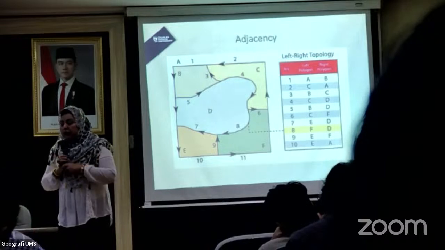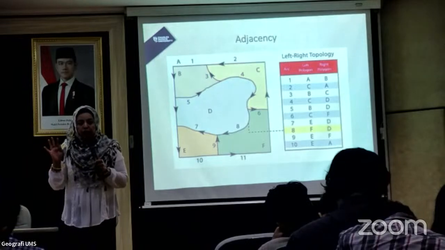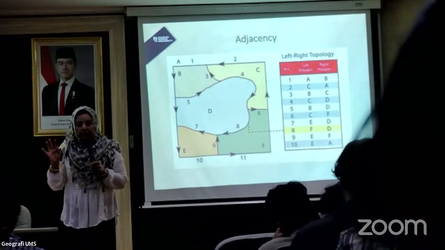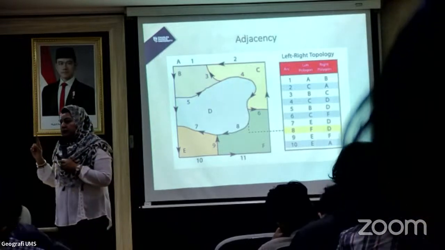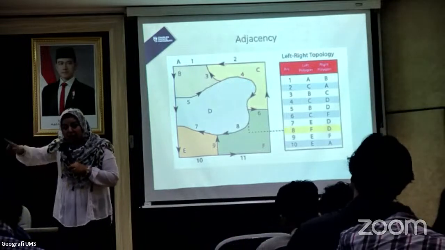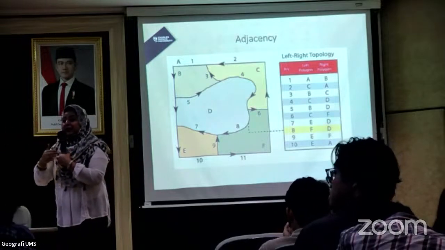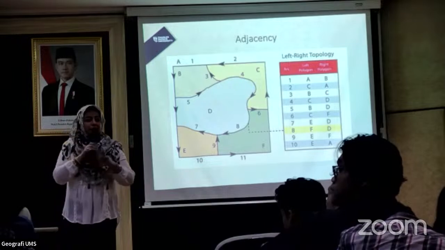Till now I have told you three types of topological information. So what is topology? Spatial relationships. Very good. Remember that. Okay.